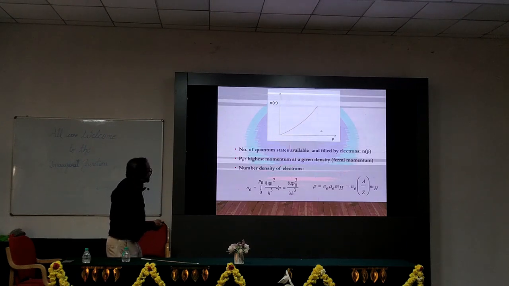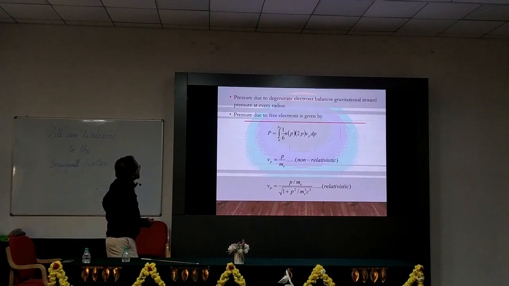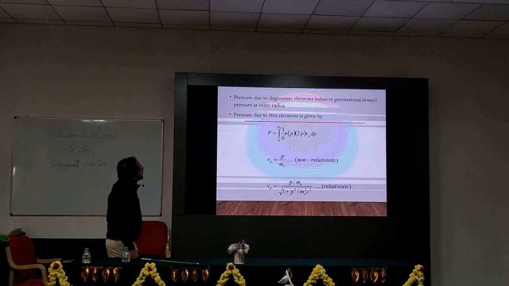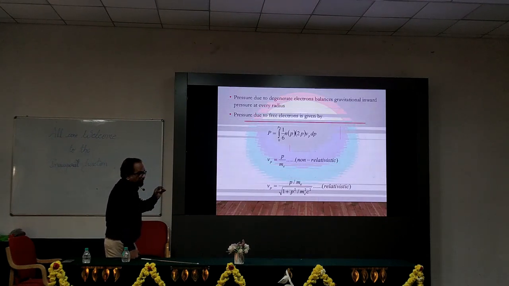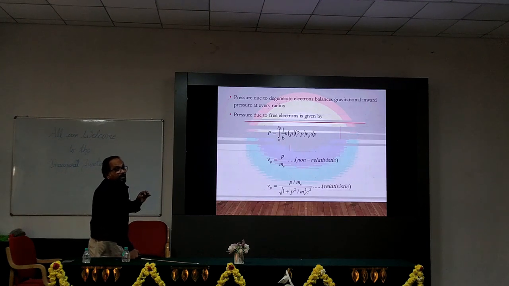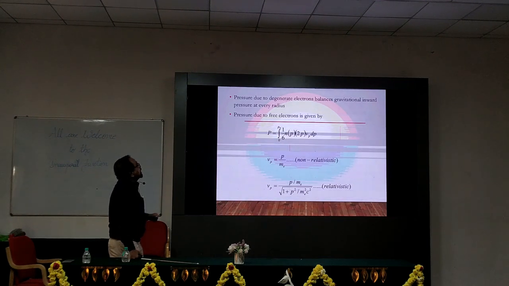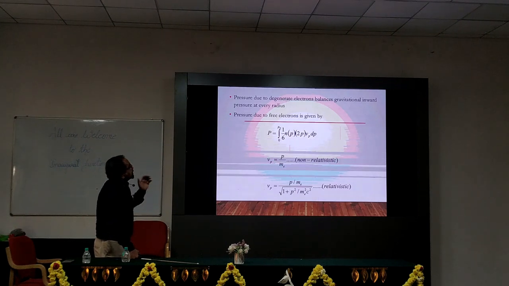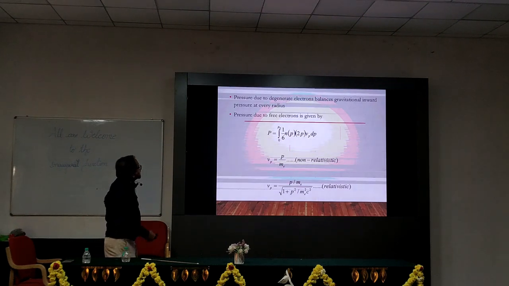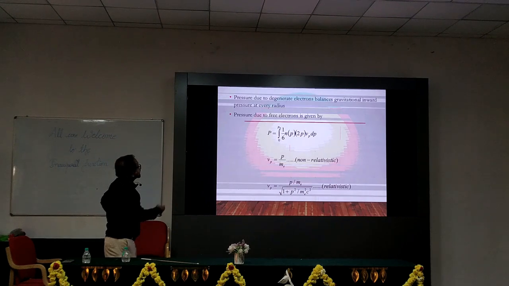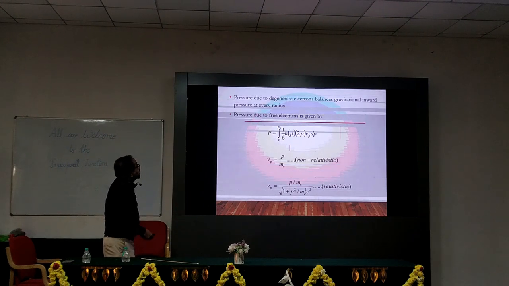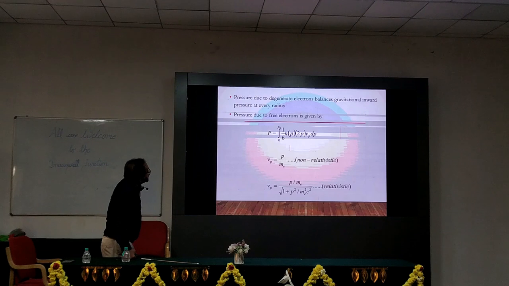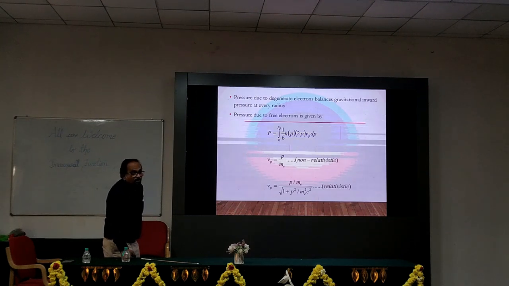So what is the result then? The pressure due to electrons, as I told you, is responsible. That is a great idea, the first brilliant idea about the stability of a white dwarf. Once you have that idea, you can work it out. So the pressure due to free electrons is given by this formula, 1/6 of integral Np 2p Vp dp.